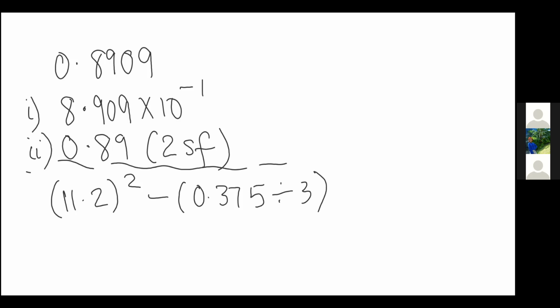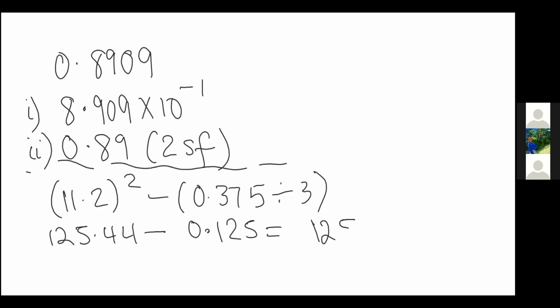So we're going to work out the squared first, which is 11.2 squared, which is 125.44, minus, we have to work out what's in brackets as well, 0.375 divided by 3, which is 0.125. I can subtract these two, which is going to give me 125.315.